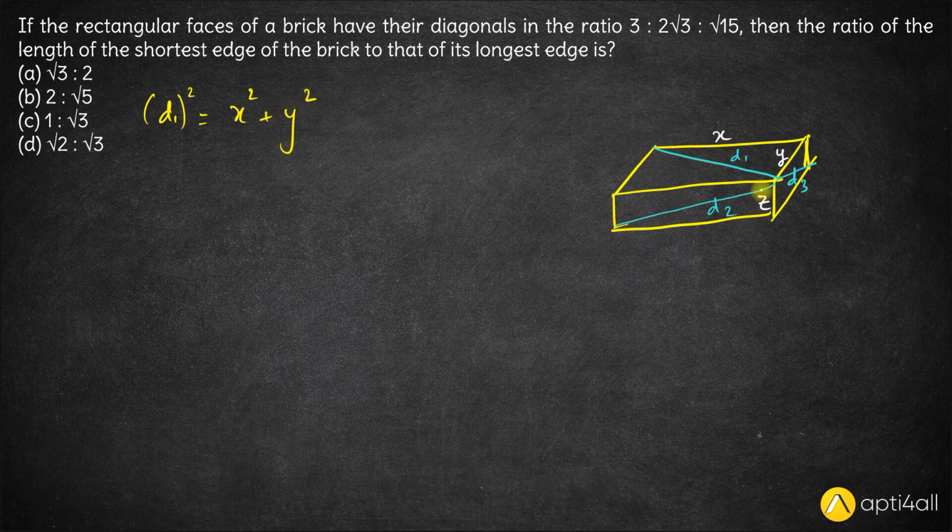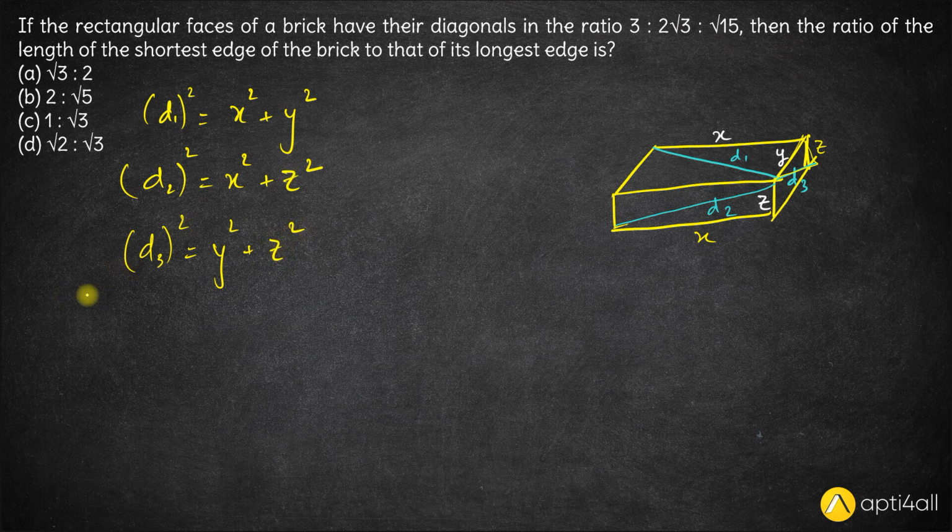Similarly in this triangle, D2 is the hypotenuse, z is one of the sides, and x is the other side. So we can say D2 whole square is equal to x square plus z square. And finally in this right surface, if we consider this triangle, D3 is the hypotenuse, y is one of the sides, and this is z, the other side. So we can say D3 whole square is equal to y square plus z square.